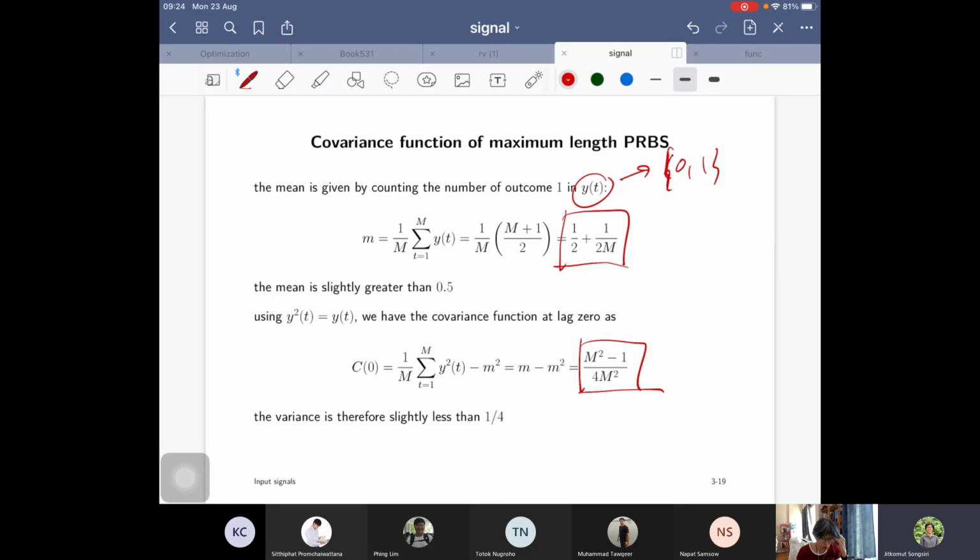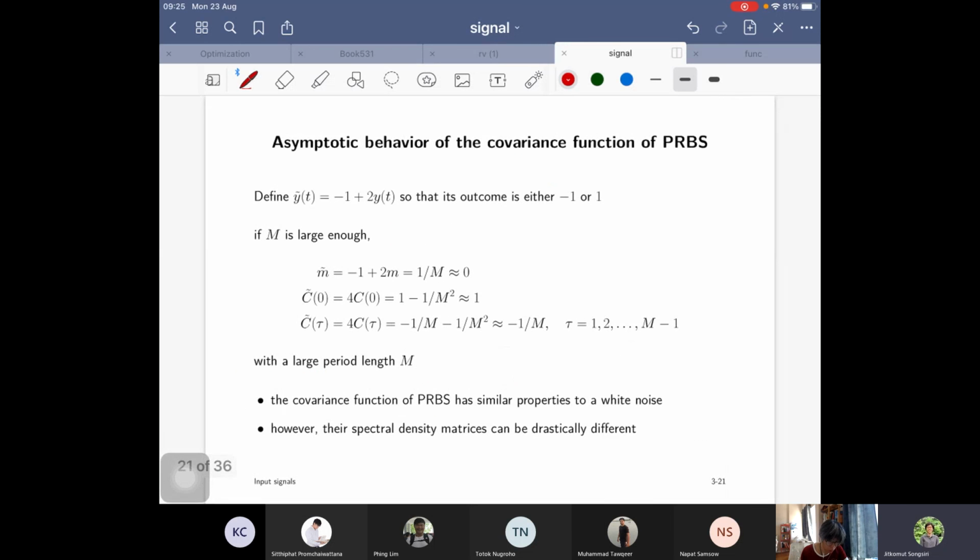But you can always shift or scale these numbers into two different values as you want. For example, if you want the two possible values to be -1 and 1, you just make a transformation -1 plus 2yt. So you map 0 and 1 to -1 and 1 by using this transformation.